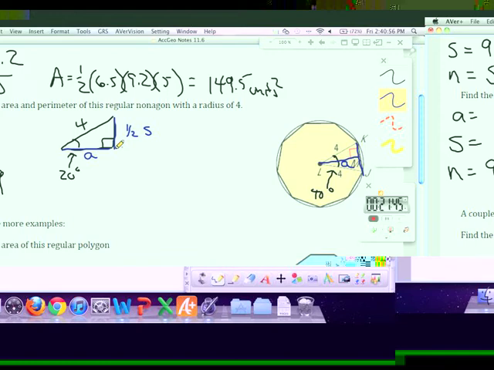We've already found, we know this is 90, and this is 30. In the triangle, 90 and 30 mean the leftover has to be 60 degrees. In this case, you get 30-60-90 triangles, so that makes life even easier down the line.